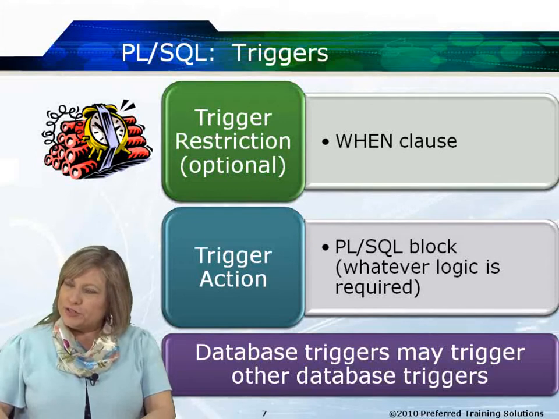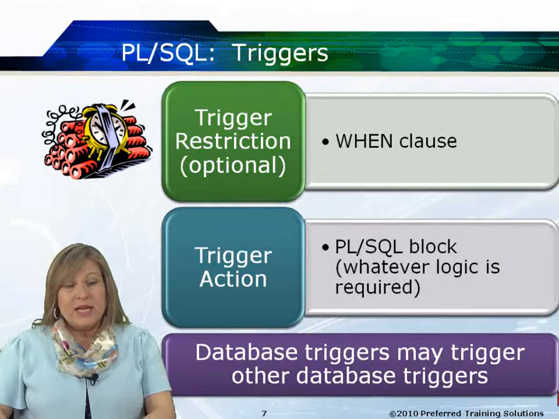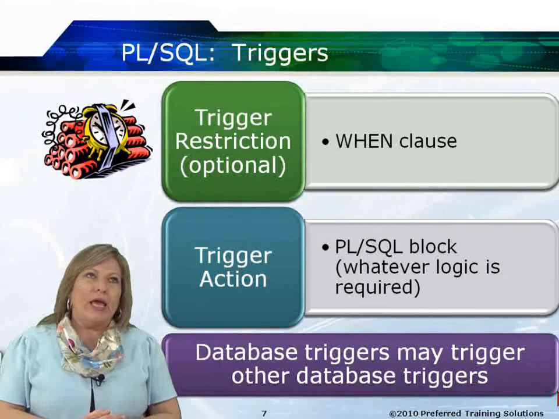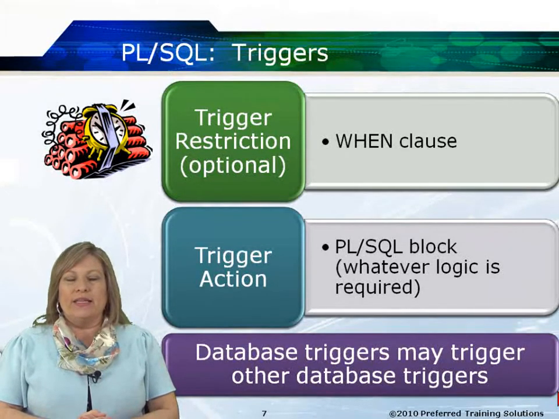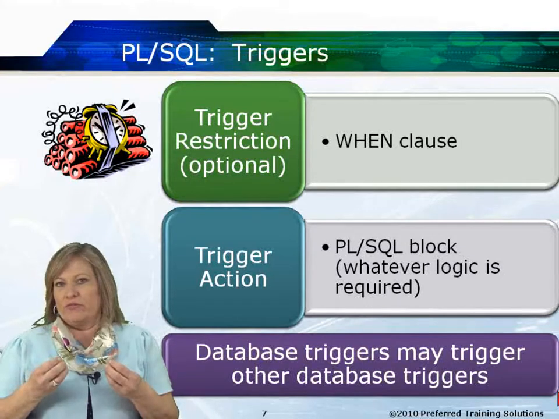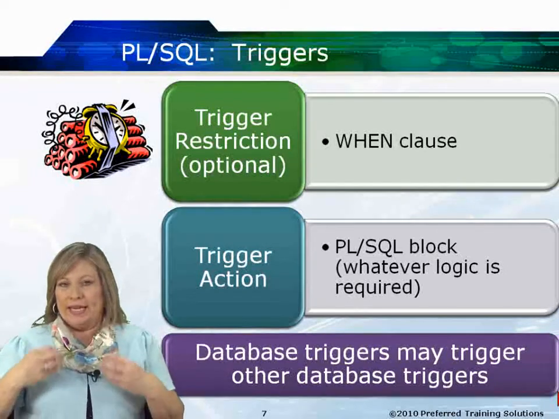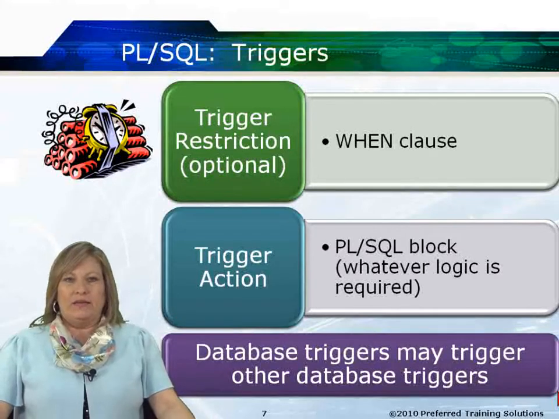Now, one thing about triggers is that triggers are apt to cause other triggers to fire. What I mean by that is, let's say table A has a trigger on it that when I delete a record from A, it inserts a record into B. Basically it takes that old record that I'm getting out of A and inserts it into B. Now let's assume that B has a trigger on it whose event is the insert event.